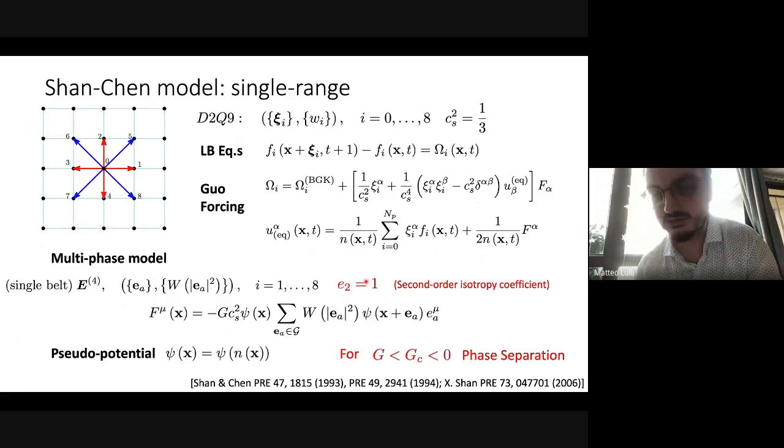And rather than having the speed of sound, we have a second order isotropy coefficient as a constraint. I'll tell you more about this later. Basically, the pseudopotential is a function of the density. And for an appropriate choice of psi, and for G less than a given critical value, which is less than 0, the system shows phase separation.